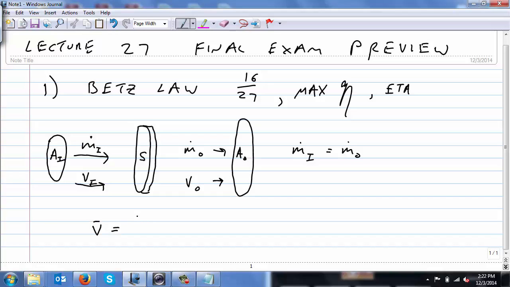The application of algebra is the velocity in plus the velocity out over 2. And I think we also said that the velocity out is going to be less than the velocity in. That's also a pretty key component.